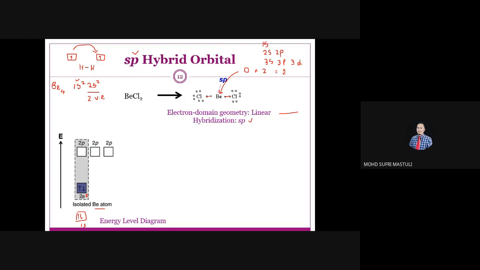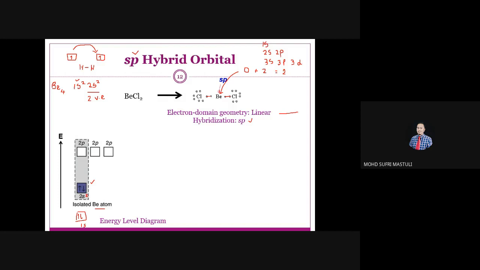Okay, we go back to this energy level diagram of the Be atom, because Be is the central atom. As you can see, this one is 2s2. All these orbitals are fully occupied, meaning there is no single electron. As we mentioned, only a single electron can be paired with another electron from another atom in order to form a chemical bond.